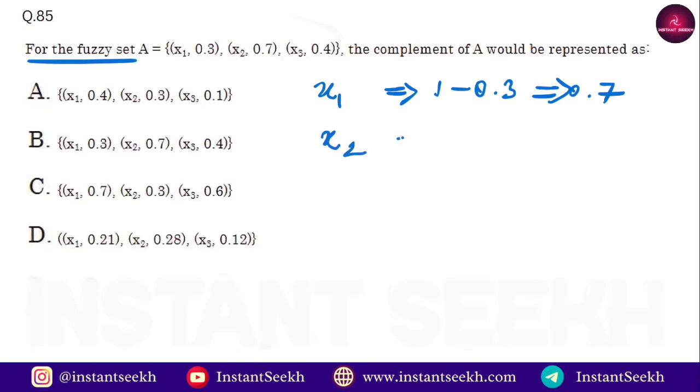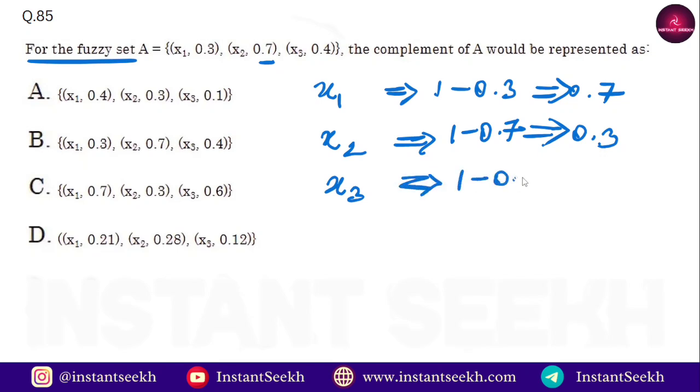For x2, 1 minus 0.7, so it will be 0.3. And x3, 1 minus 0.4, so it will be 0.6.